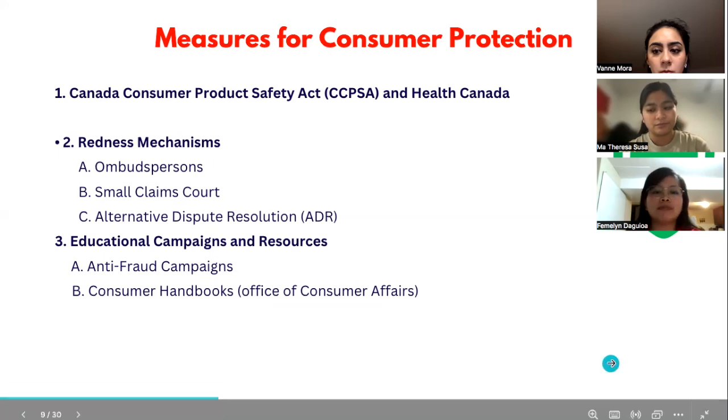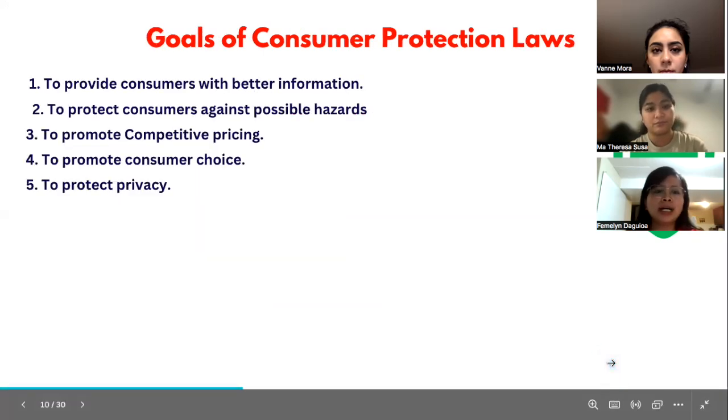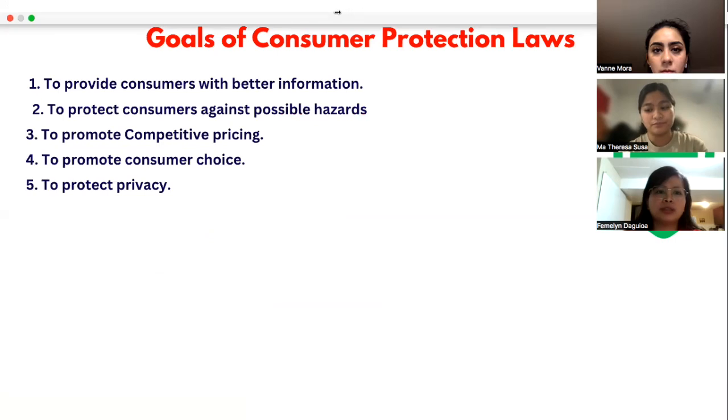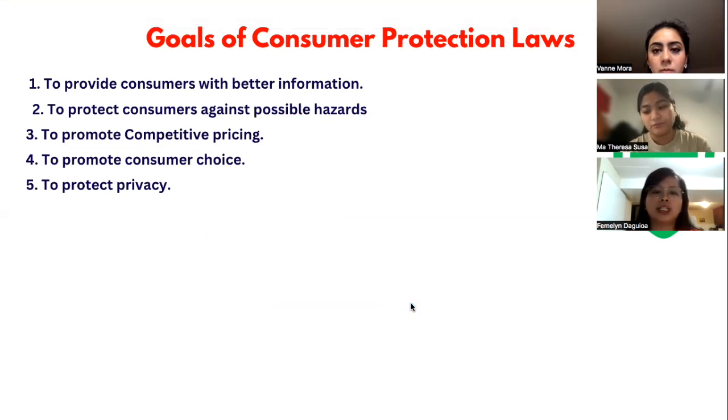Next slide, please. I have here the goals of consumer protection laws. First is to provide consumers with better information. This goal ensures that consumers have all the information they need when making a purchase so that they can make informed decisions.